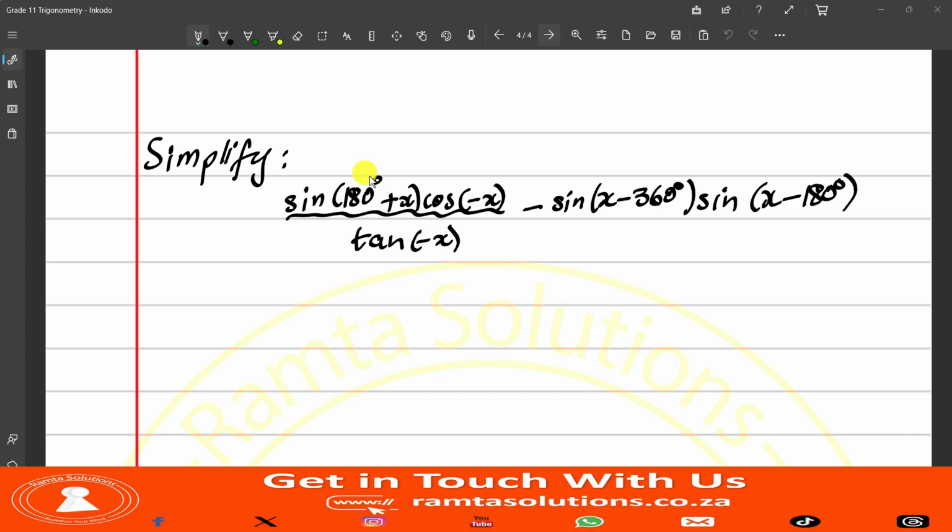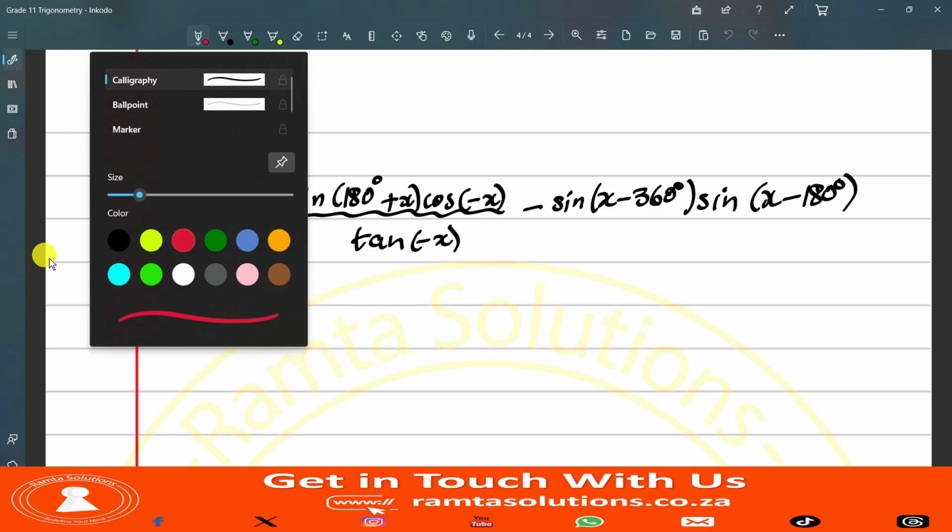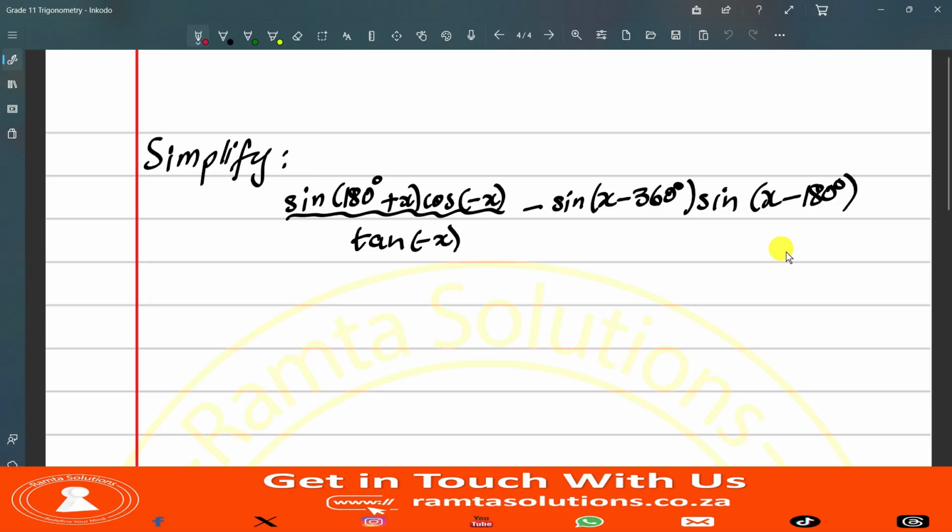As you can see, you have 180 plus x and x minus 360. This says you are using the reduction formula. So it's important that you recall your CAST diagram.